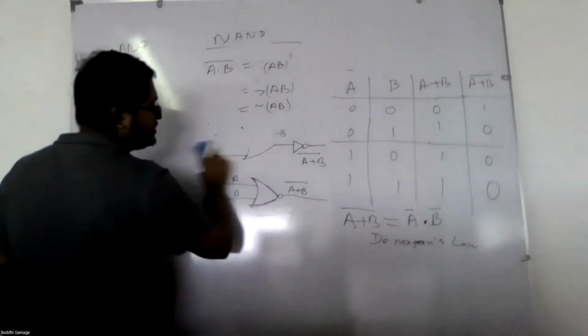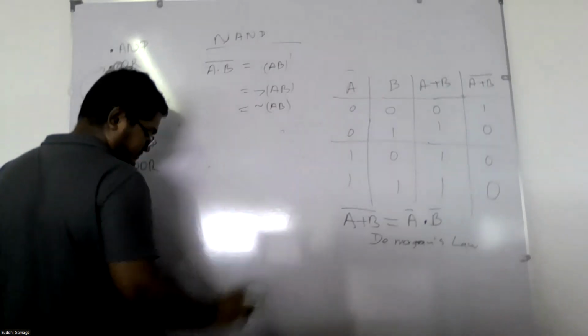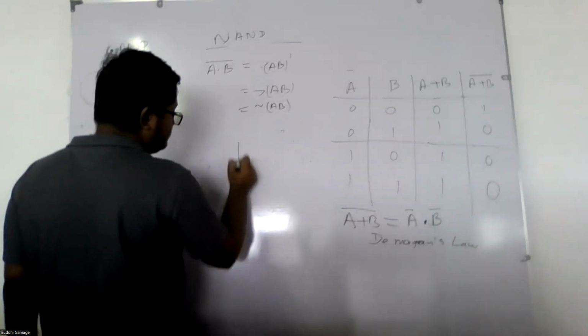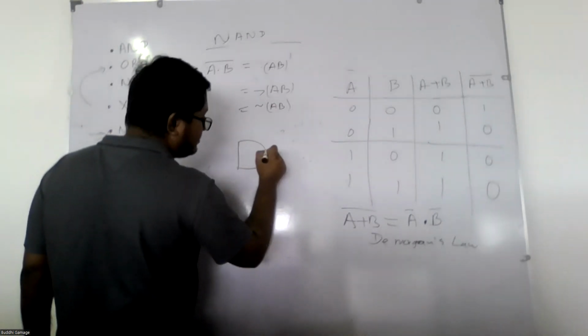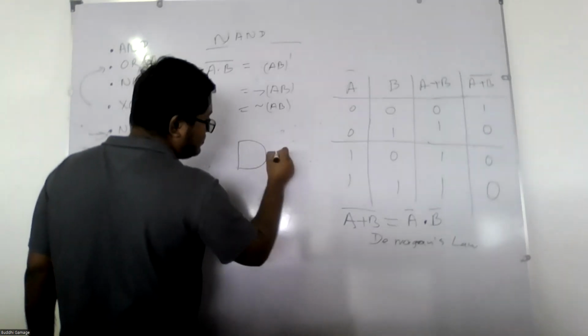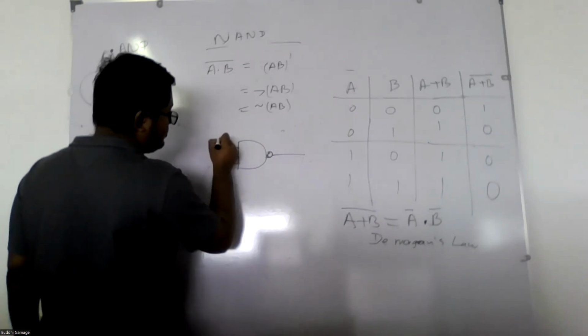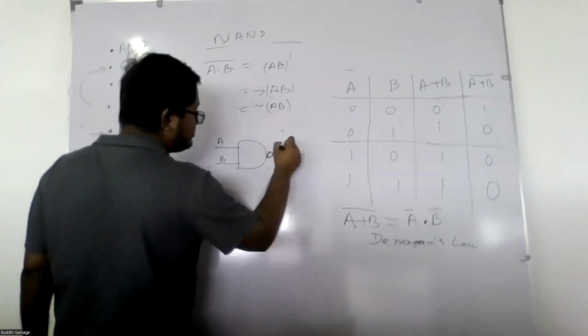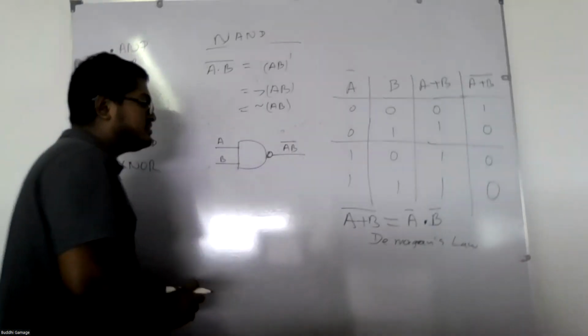So what is the gate? Simple. We are doing an AND and getting A B, and this is A B not. Simply this.